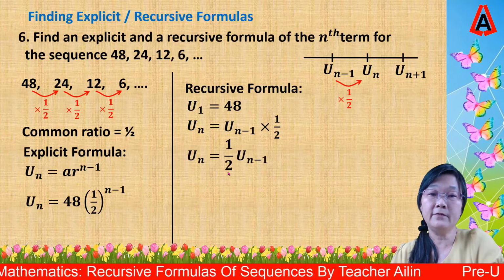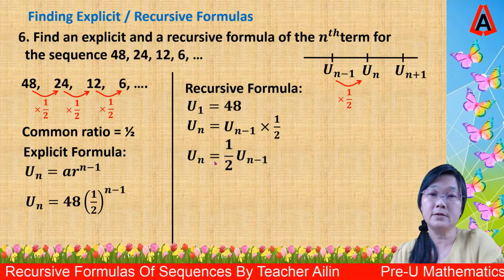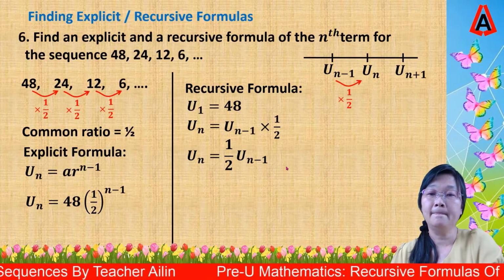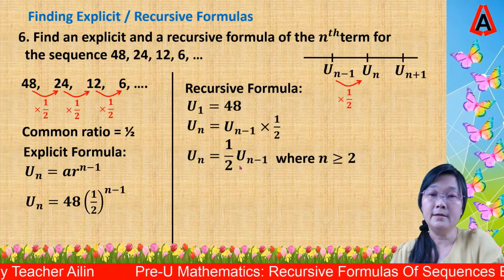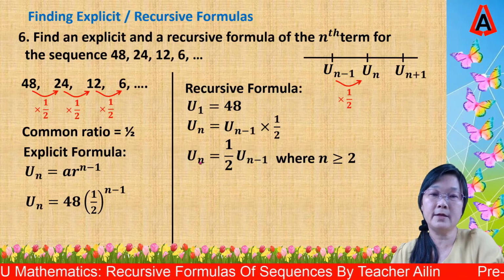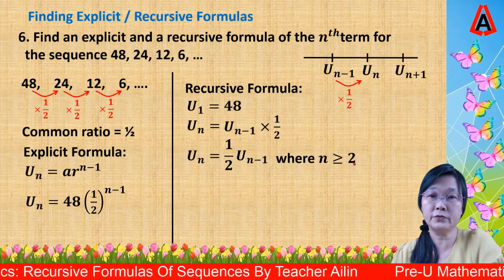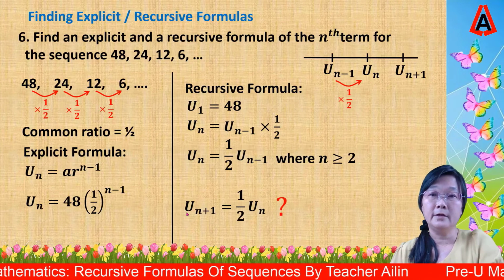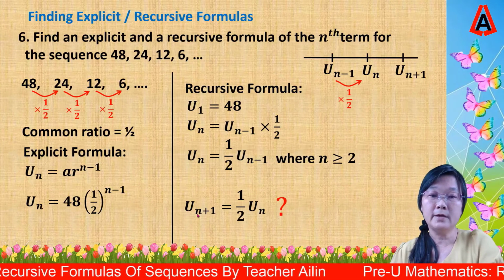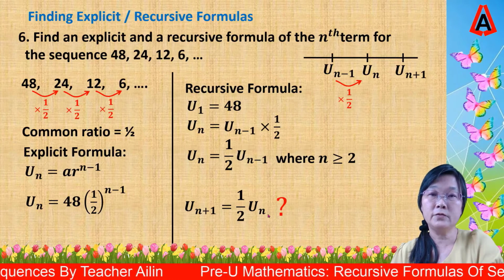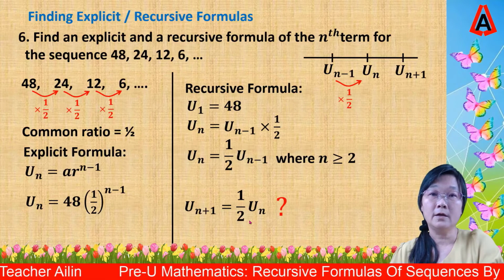So when we simplify, Un is equal to 1 over 2 Un minus 1. Then we write down n starts from 2 because first term is U1, second term is U2, so n starts from 2.